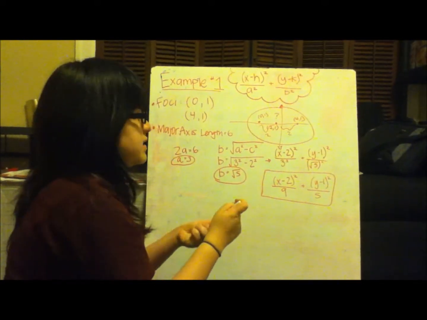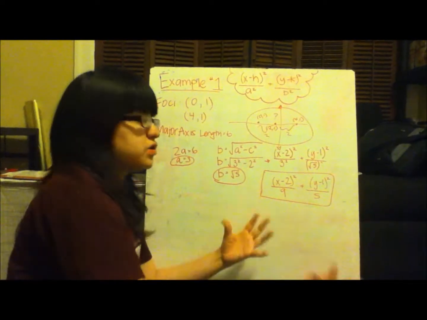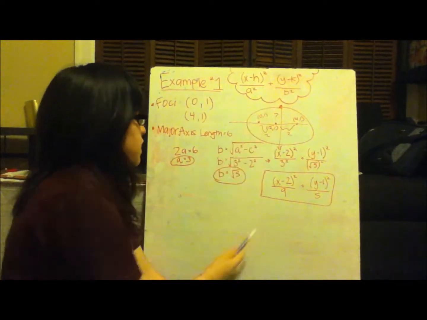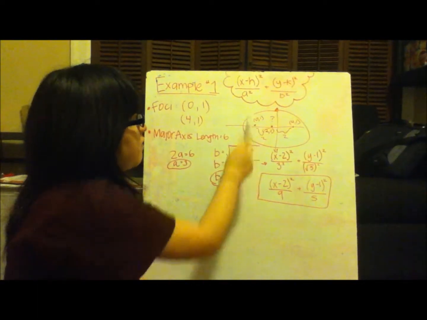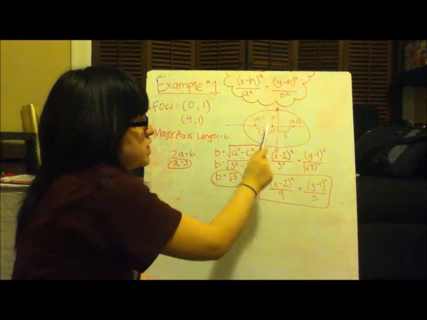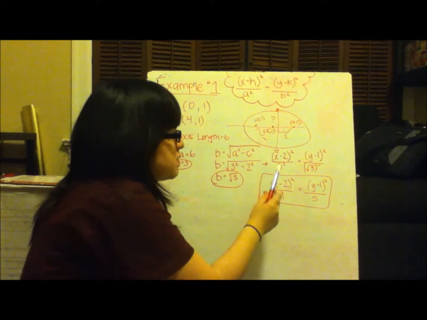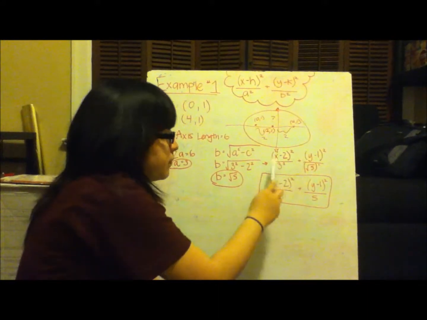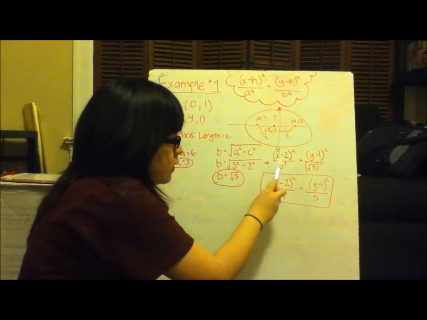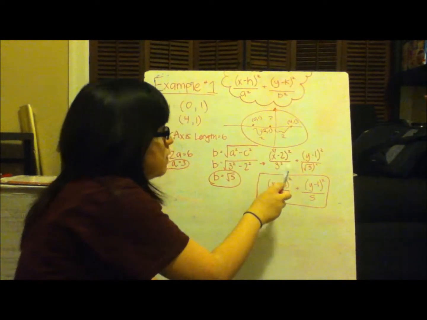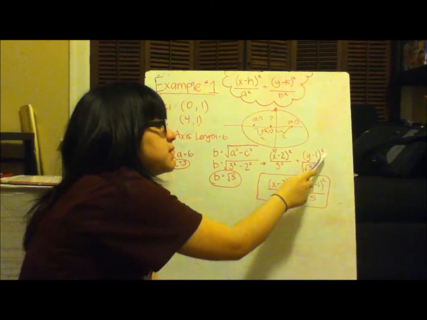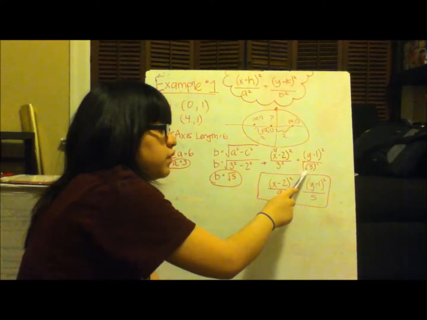Now we basically have everything we need for our standard equation. We have A, we have B, and we also have (h, k), which is the center. So we just plug it into our equation, like so: (x minus 2) squared over 3 squared plus (y minus 1) squared over square root of 5 squared.